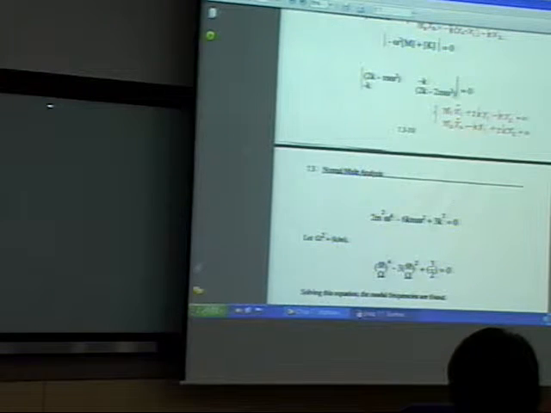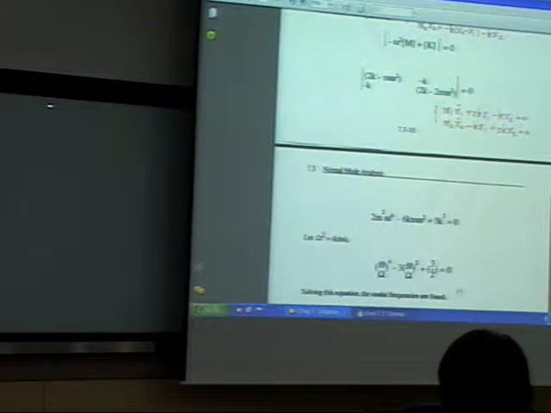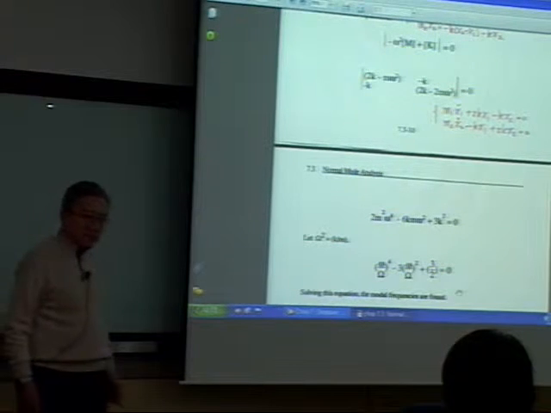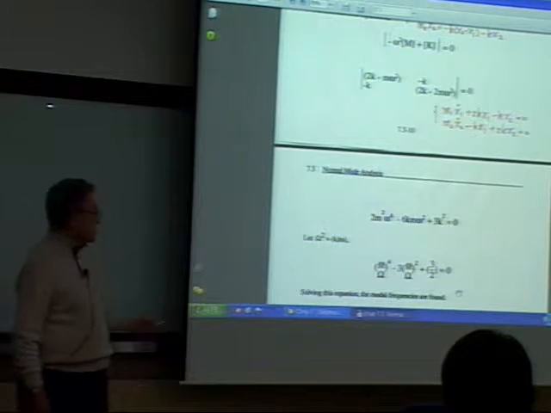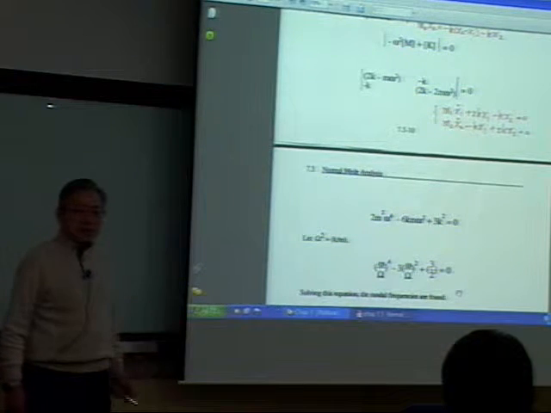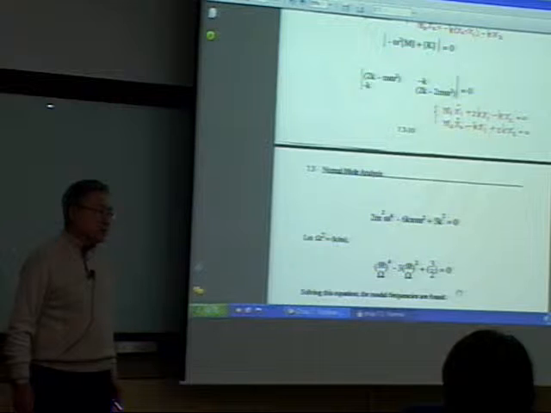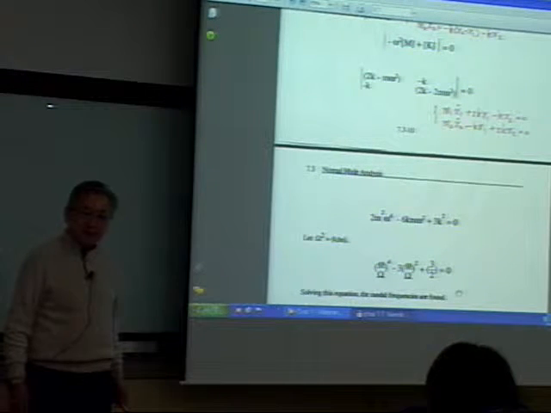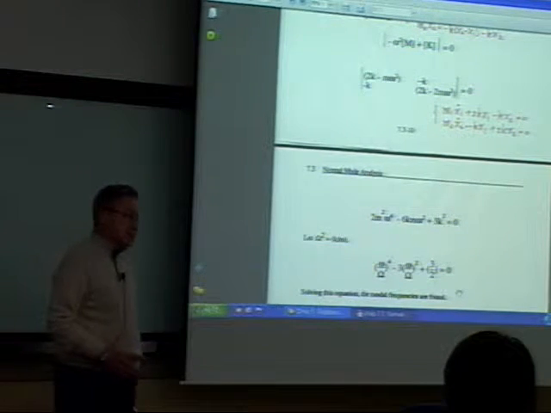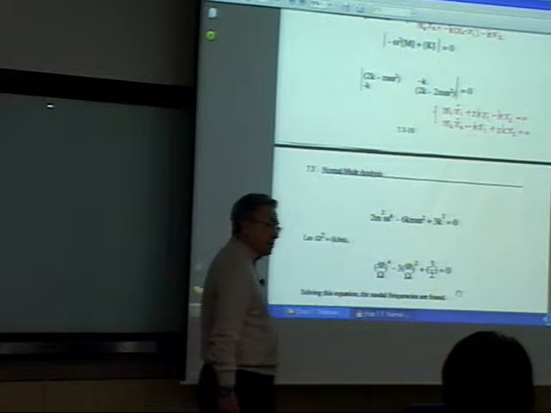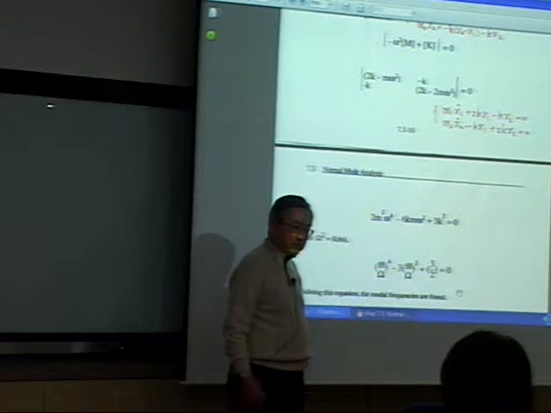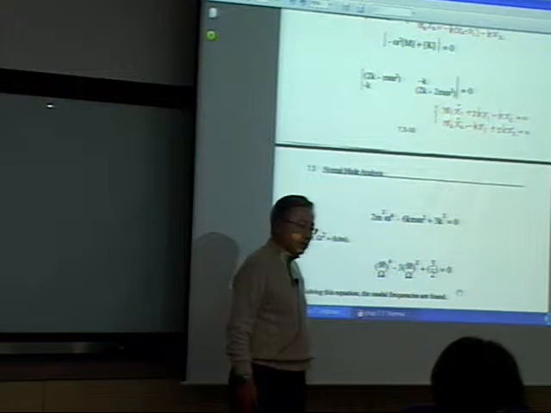So you have that equation. If you say omega square is lambda, then this is a quadratic equation with respect to lambda, right? You see that. Because I set omega square as lambda, because there's eigenvalue.